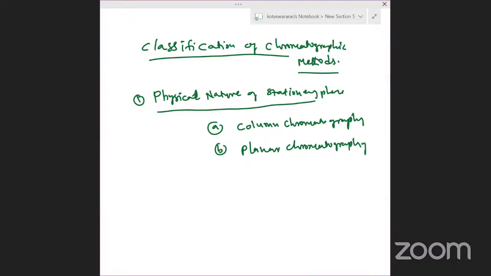What is column chromatography? First, we come to column chromatography.